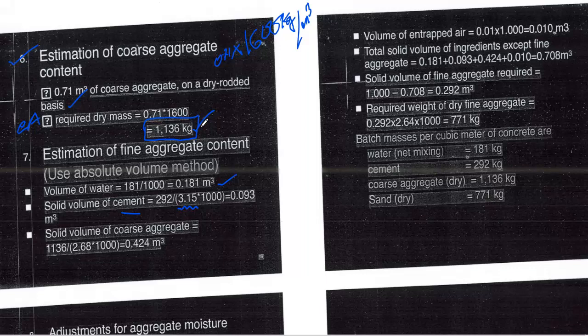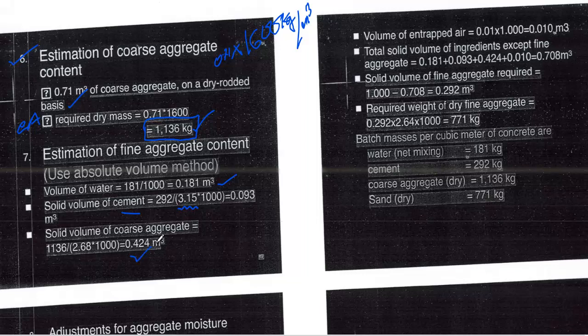You already calculated the volume of solid coarse aggregate. So this one you usually divide by the specific gravity of coarse aggregate, which we consider 2.68. Since you do not have the data, you can consider the standard one. It will not vary that much. It will be nearly like that. Some people consider 2.7, so it's also okay.